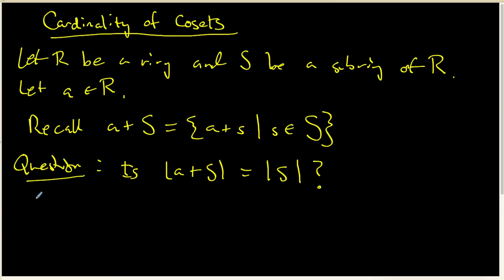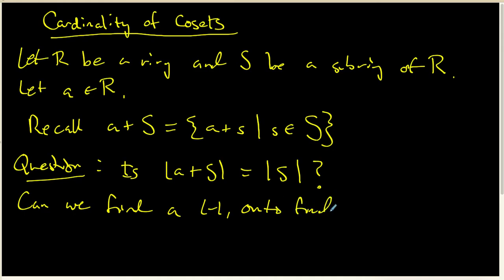So we're going to basically think about whether or not we can find a one-to-one onto function. I'm going to call my function f, and I'm going to have it go from the subring to the left coset. So can we find such a thing? And I want to make a note that there is an obvious candidate.